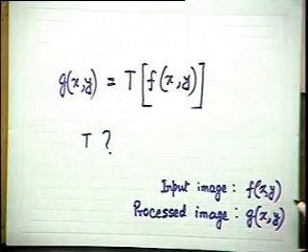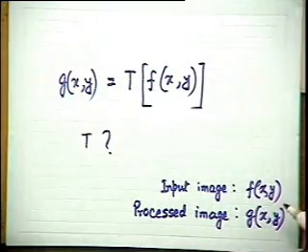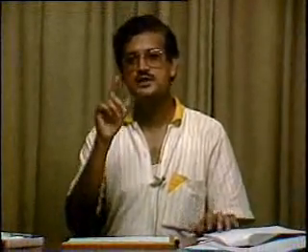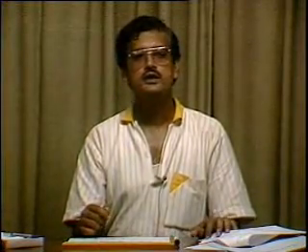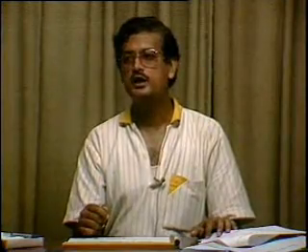Or rather, in which domain the t is defined? Now typically it is found that the intensity of the processed image at a particular point xy does not depend upon the input intensity at the point xy alone.